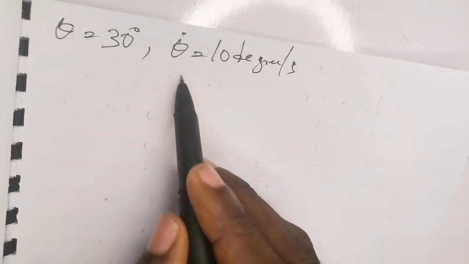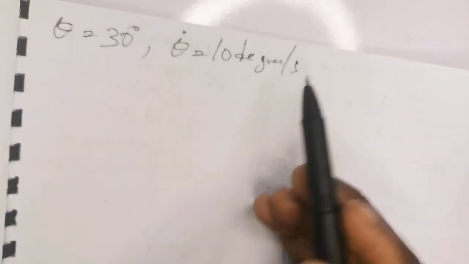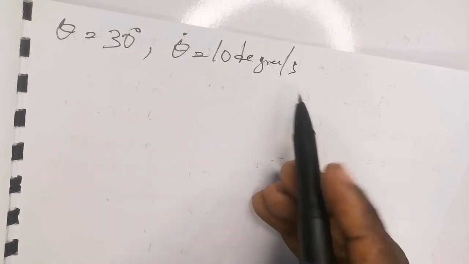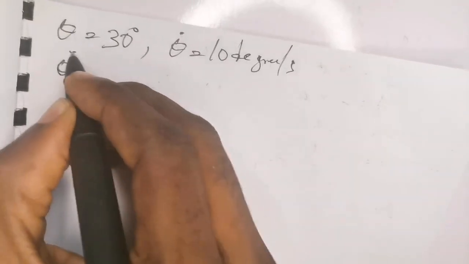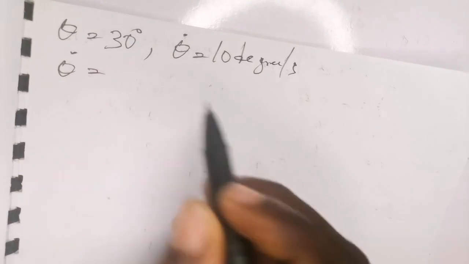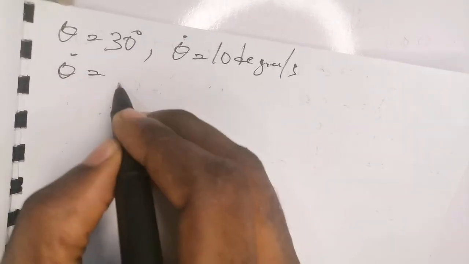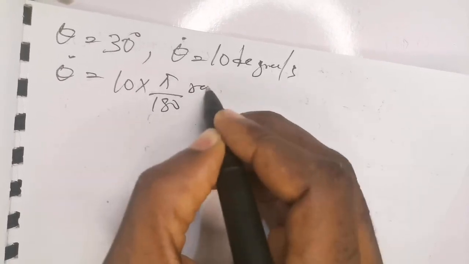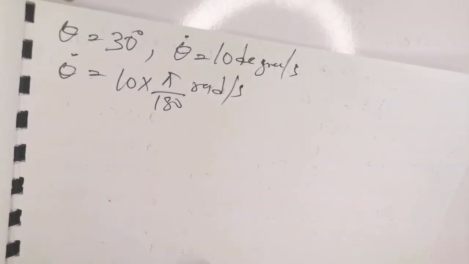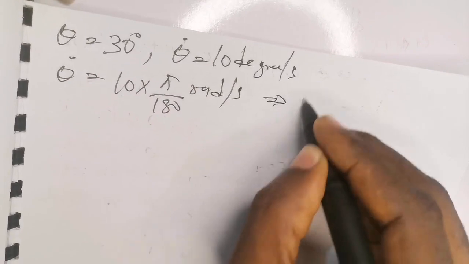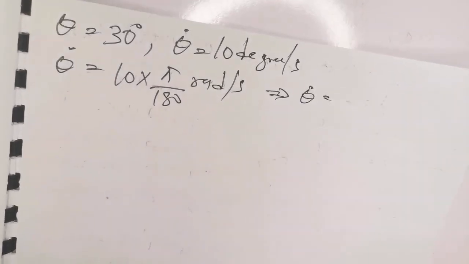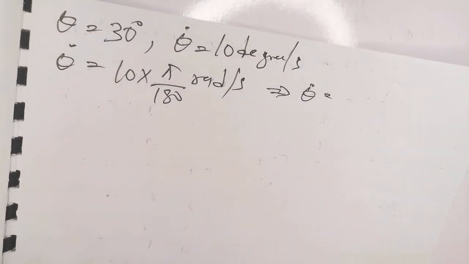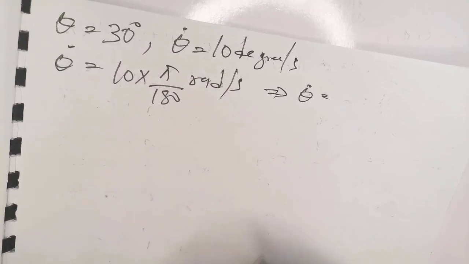Now, we need to convert this theta dot in radians per second because this is actually the angular speed. So theta dot needs to be converted in radians per second. How do you do this? Since it's in 10 degrees per second, it becomes 10 times pi all over 180. This converts it to radians per second. So this simply implies that theta dot is equal to 10 pi, not forgetting pi is 3.142.